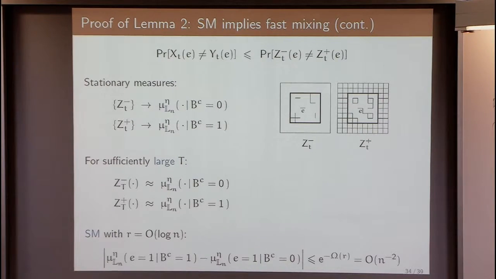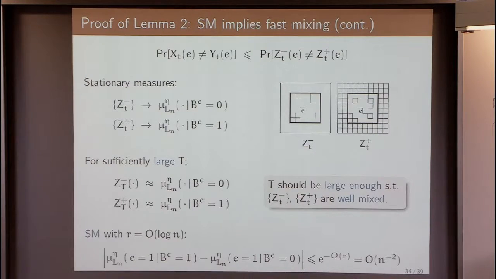But in addition, by spatial mixing, if we choose the size of the box sufficiently large, the probability that these two stationary measures disagree in the edge decays exponentially with the size of the box. So you can imagine that if C_t minus is close to this one and C_t plus is close to this one, then the probability that they disagree also decays exponentially with the size of the box. This follows from a triangle inequality.